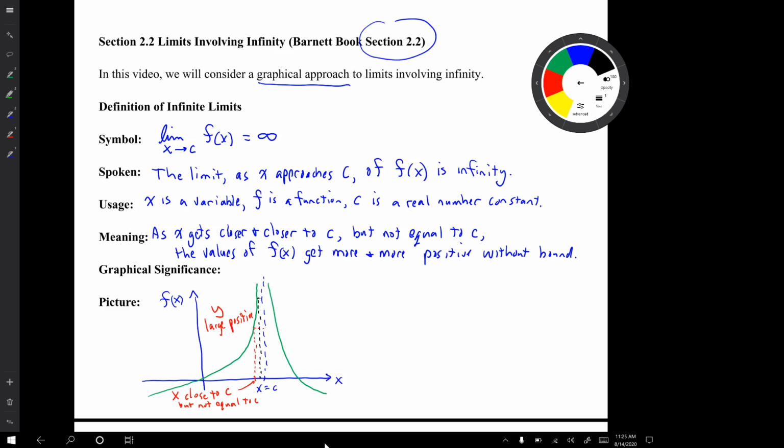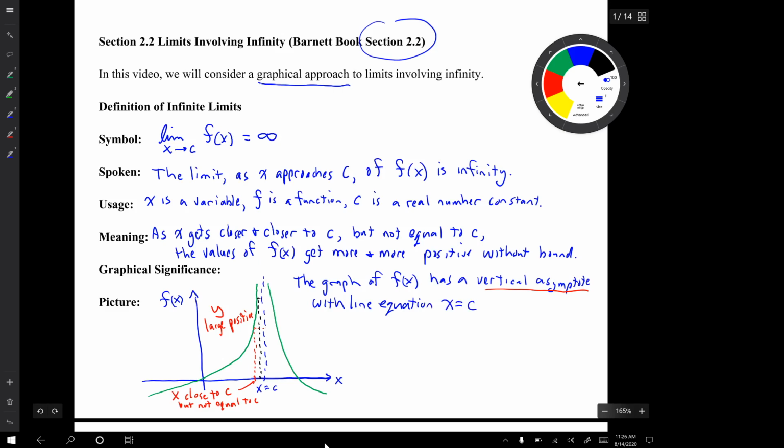The way we describe this behavior is we say that the graph of f of x has a vertical asymptote at x equals c. And in fact, the line equation for that asymptote is the equation x equals c. And I should say a little bit more.